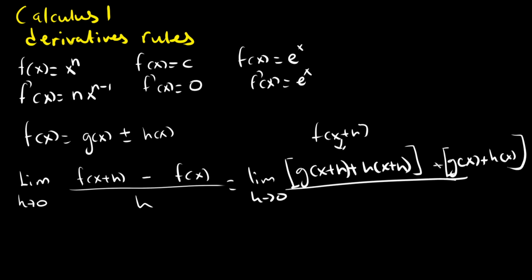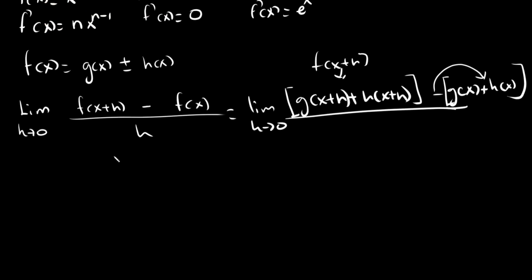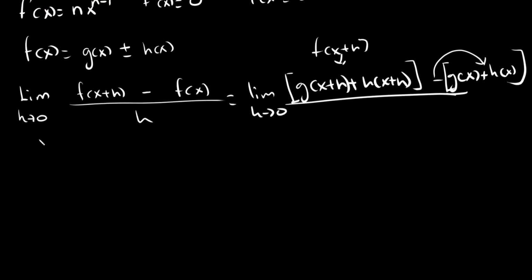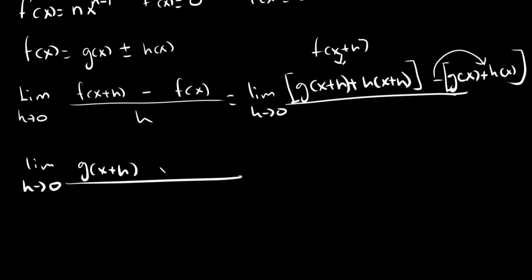My minus is going to distribute inside the parentheses. So if I open the parentheses, this is g of x plus h minus g of x, divided by h, plus h of x plus h minus h of x.